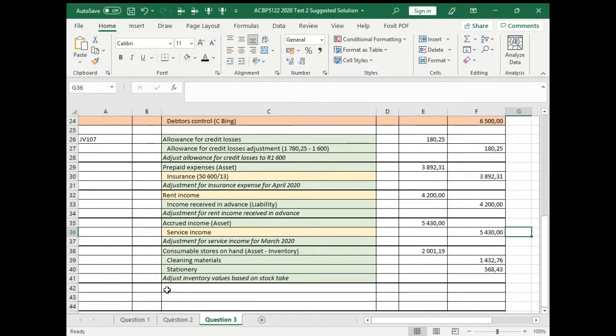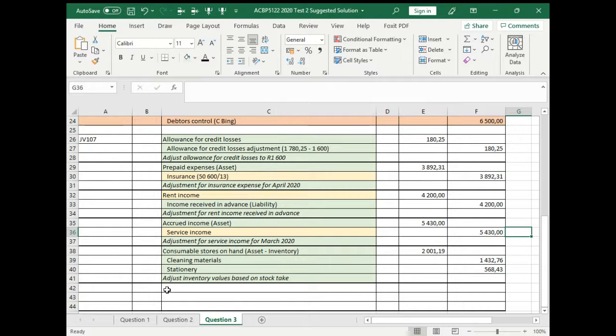Now, if you look at your trial balance, the first table, the trading inventory balance in the beginning of the year was 27,865. If you look at point 9, they tell us the trading inventory now is 15,640. So we have to reduce the balance to 15,640.